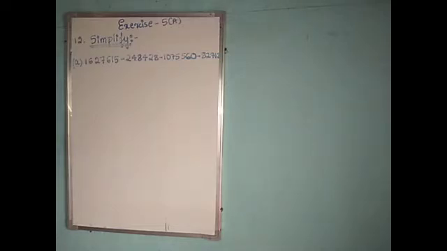Now 16,27,615 is of the positive sign, 2,48,428 is of the minus sign, 10,75,560 is of the minus sign, then 82,942 is of the minus sign. So here we can see that 3 numbers are of minus sign and 1 number is of plus sign.